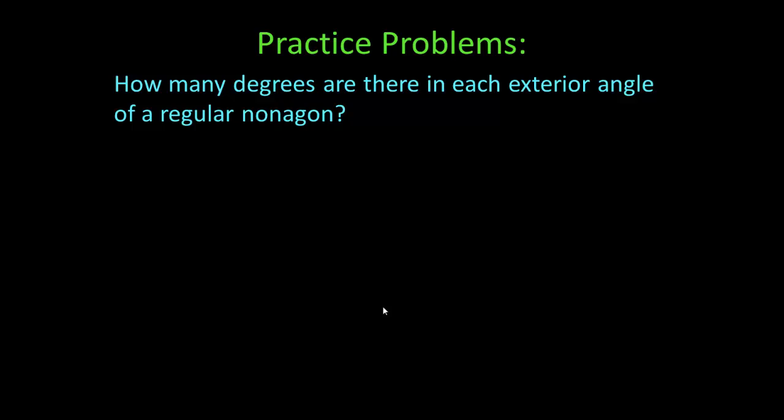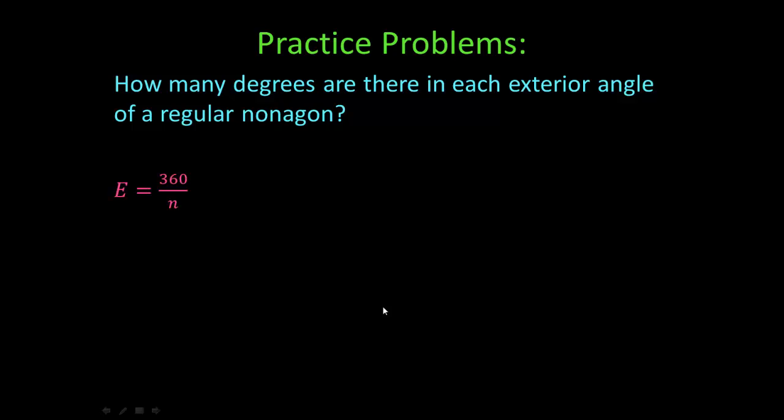So let's put it into practice, because you can use it a few different ways. How many degrees are there in each exterior angle of a regular nonagon? Hopefully you remember, a nonagon has 9 sides.